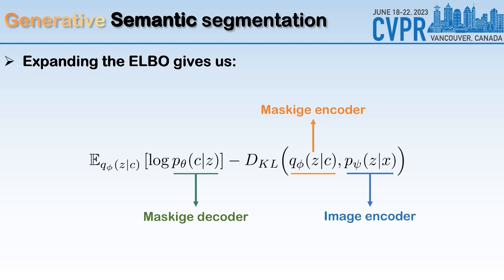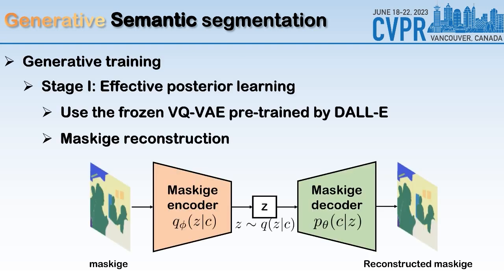The training process of GSS consists of two stages. The first stage involves obtaining a well-performing maskage encoder and decoder. The second stage is to train an image encoder which encodes the image into the latent space. In the first stage, our objective is to obtain a maskage encoder and a decoder.